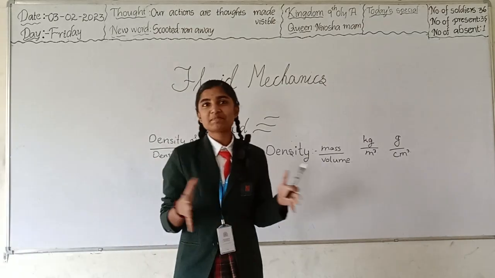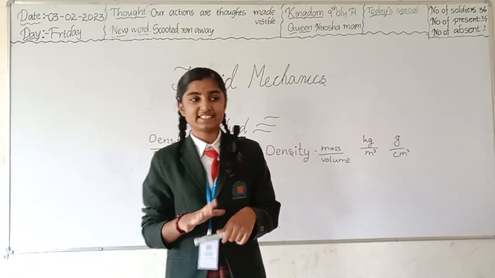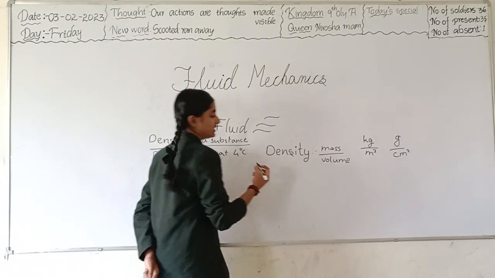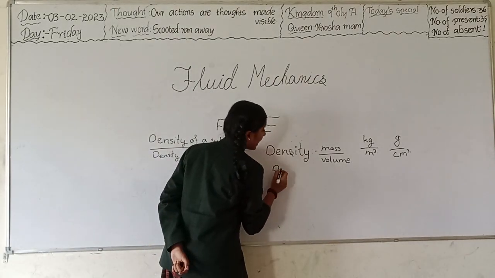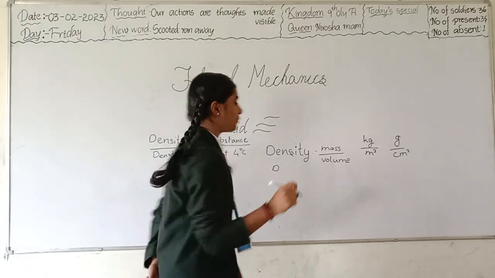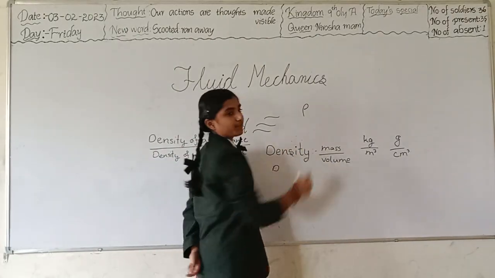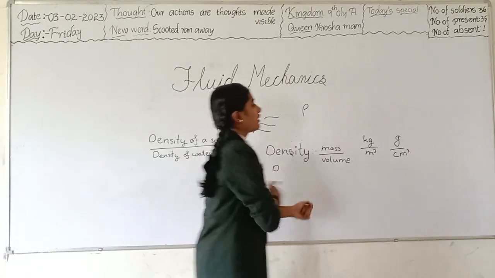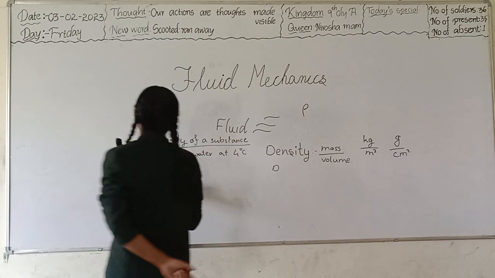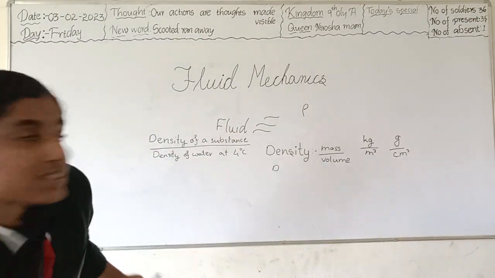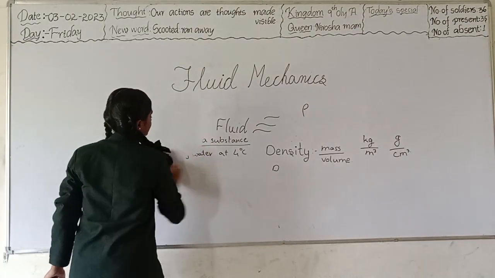Now, as we know, density is mass by volume. Now let's do some fun case studies. Density is denoted by the symbol rho. In our case study, first let's take some examples.